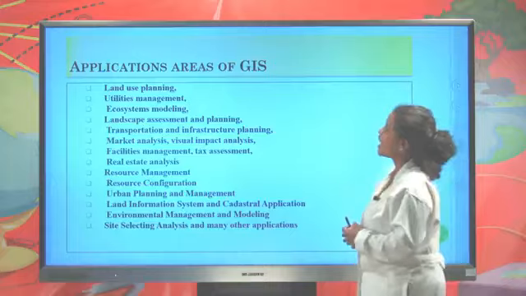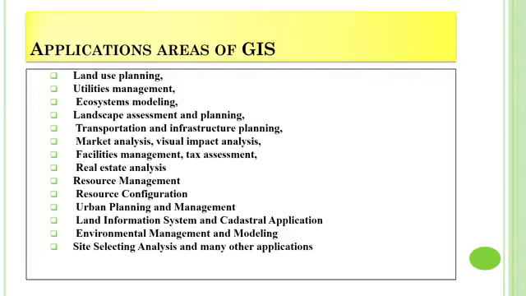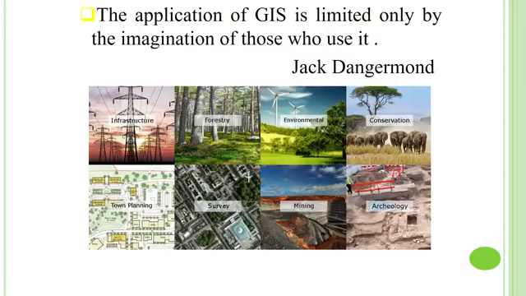GIS is applied in land use planning, utility management, ecosystem modeling, landscape assessment and planning, transportation and infrastructure planning, market analysis, and visual impact analysis. It is applied in different disciplines.